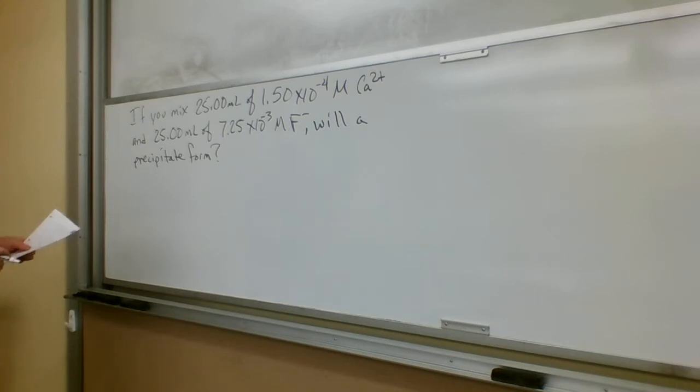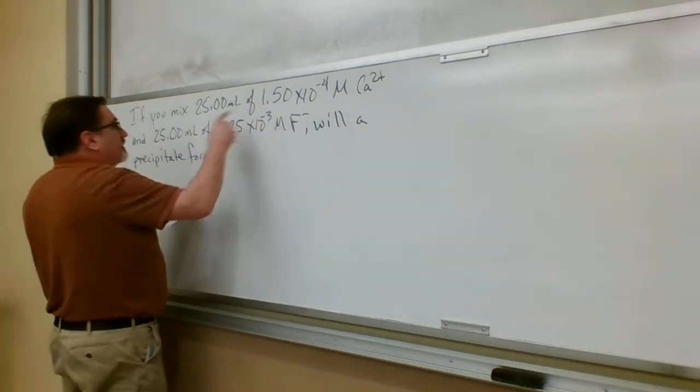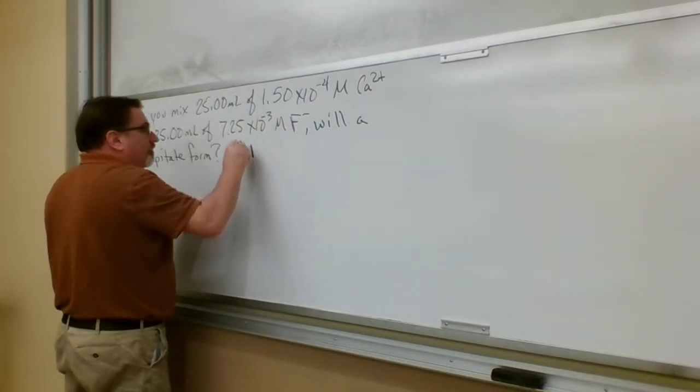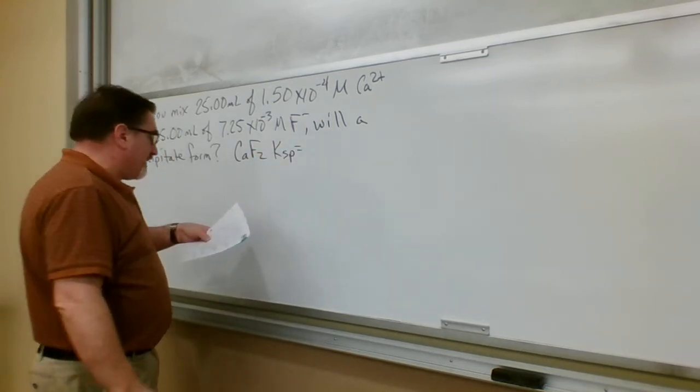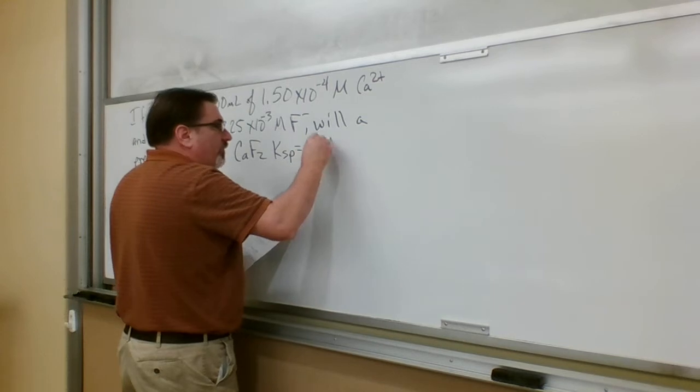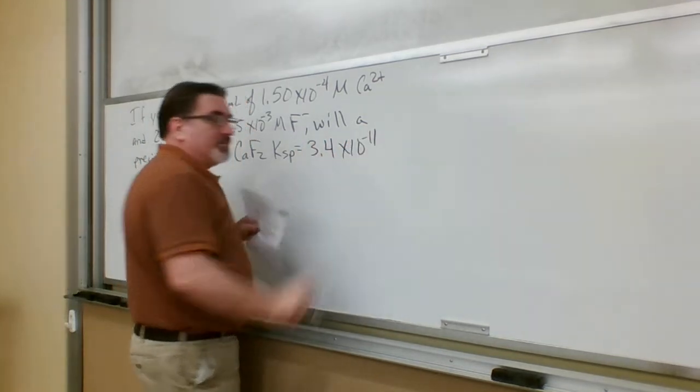All right, so in order to solve this, we do need to know what the KSP is for calcium fluoride. In the table, calcium fluoride's KSP is 3.4 times 10 to the minus 11th.